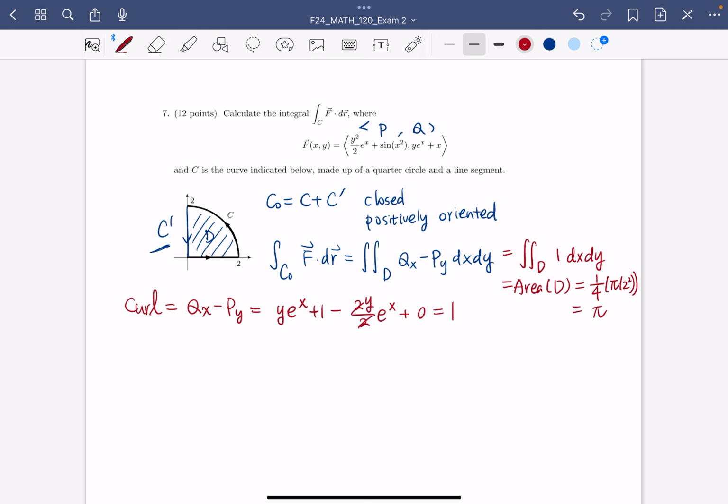Then we get pi. So in order to compute the vector line integral over C, we could compute the whole closed curve minus C prime, right?